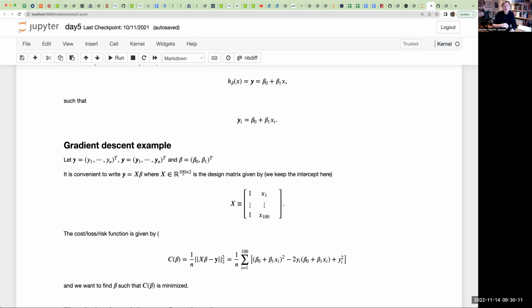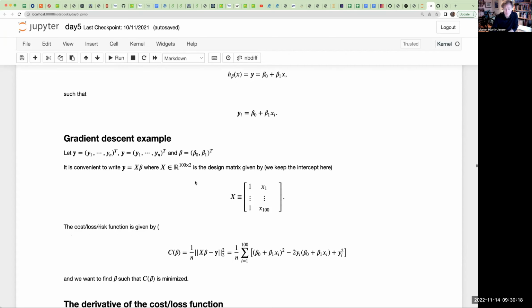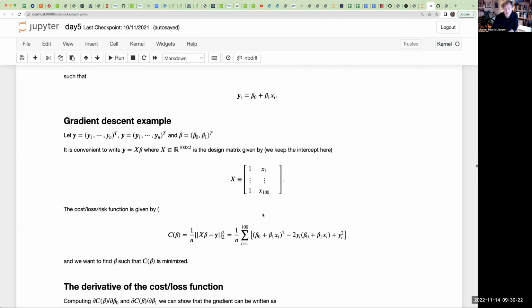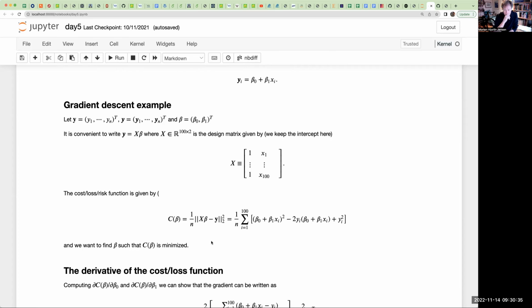Now, you quickly see that if you have more parameters and you have more features, this matrix becomes larger and larger. In this specific case, with 100 data points, we would have the following cost function, which in our case is just the mean squared error.